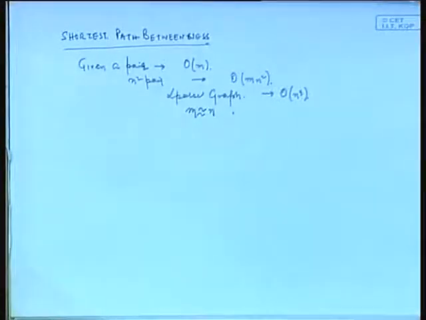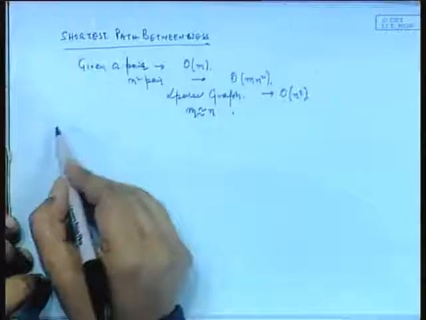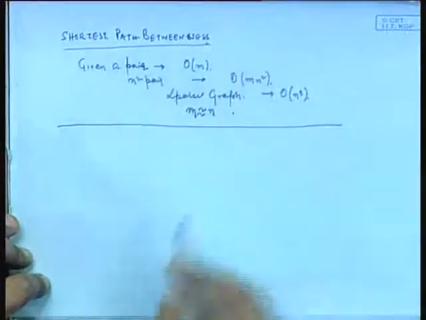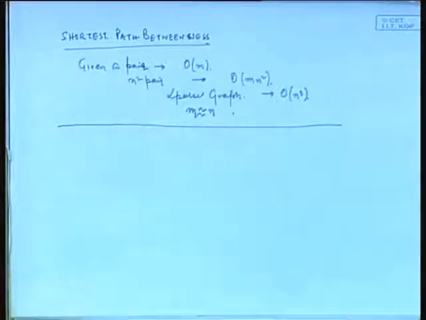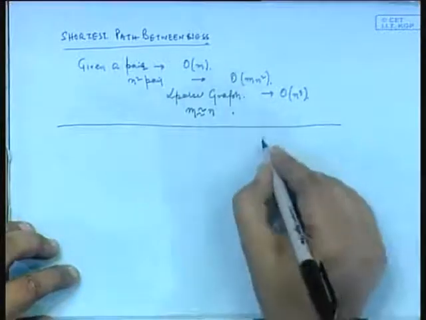Even if it is a dense graph, you have to find the shortest path between every pair. So this is the naive algorithm. Now we try to develop an algorithm and try to compute it in order m n.